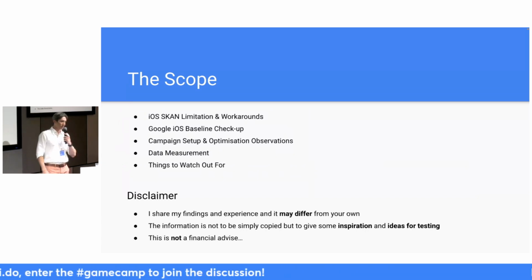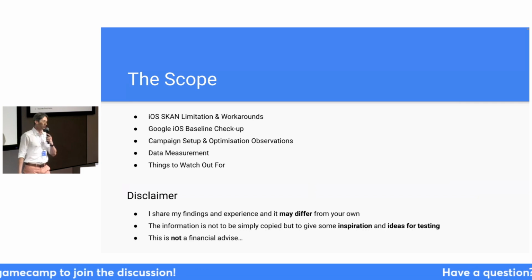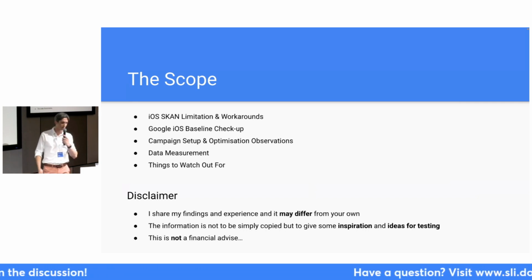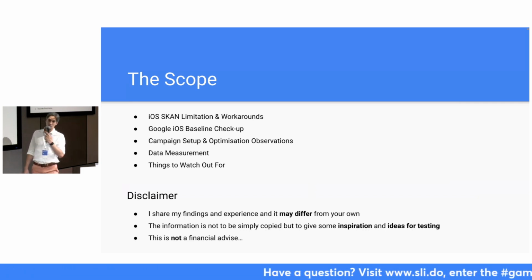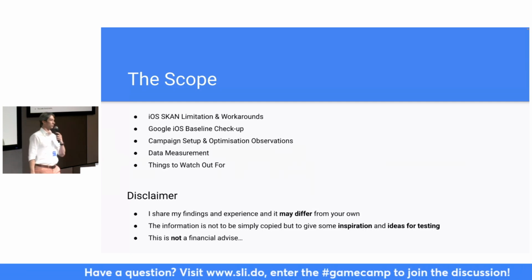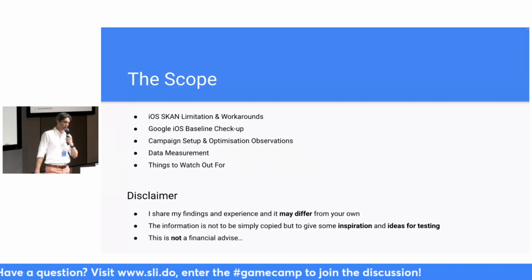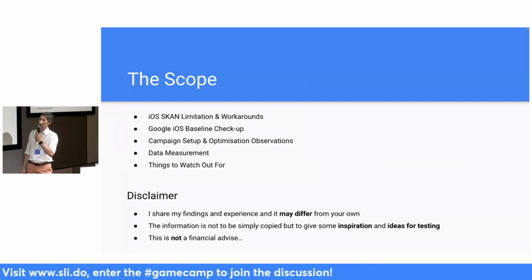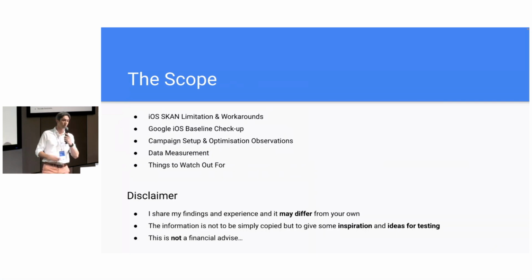And my favorite one is data measurement. Since there is no single source of truth, we have to keep in mind a number of signals from different data points. And before we close this session, I will also point out not too obvious, but nonetheless important things to watch out for.